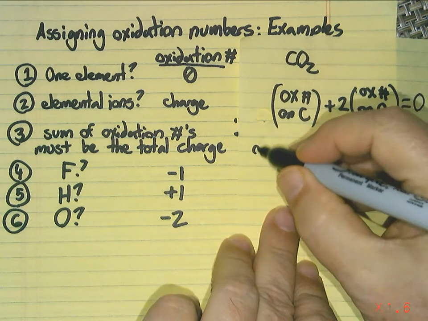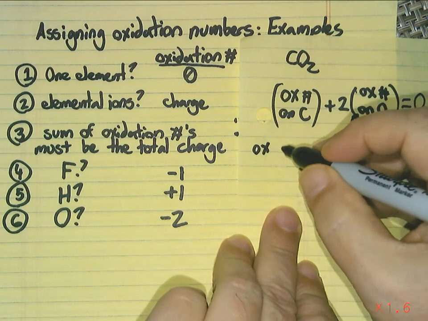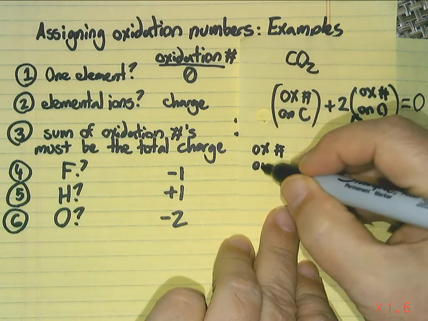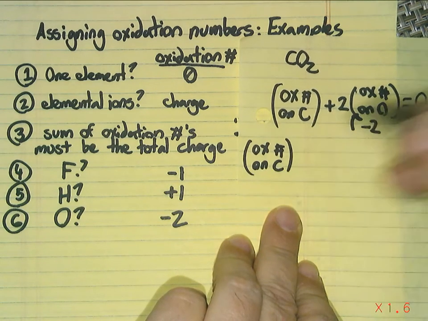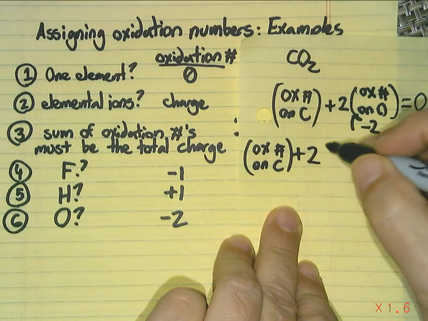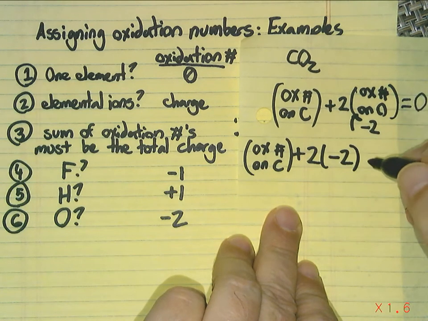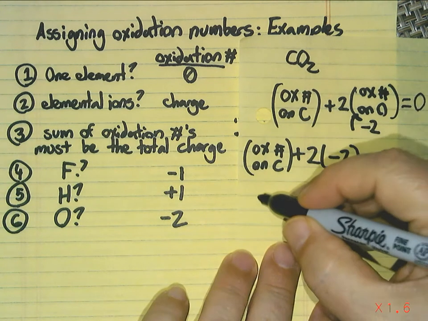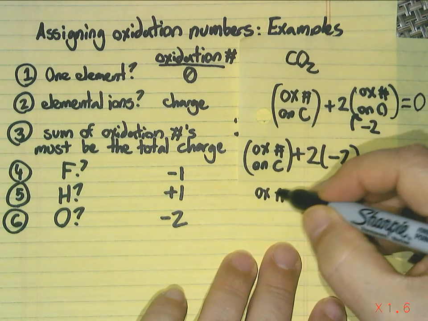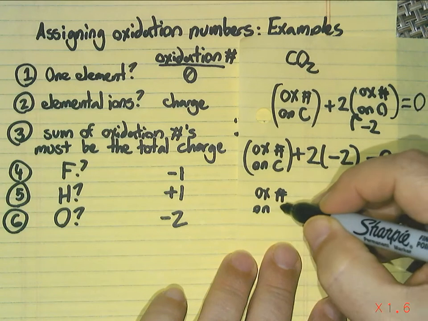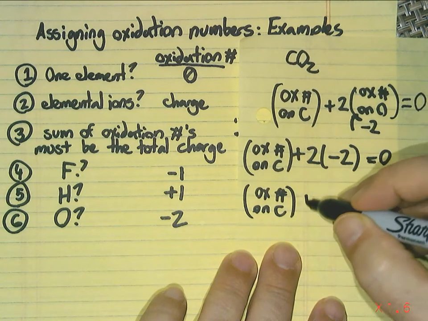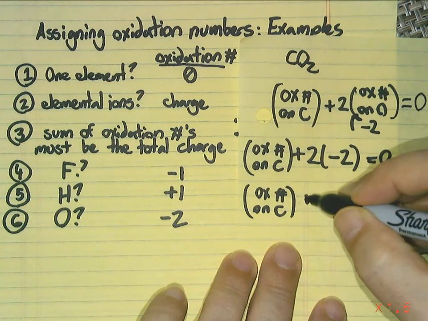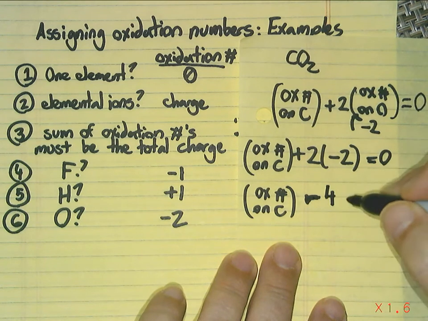That makes my equation the oxidation number on the carbon plus 2 times -2 equals 0. Okay, that's the same thing as the oxidation number on the carbon - 4 equals 0.